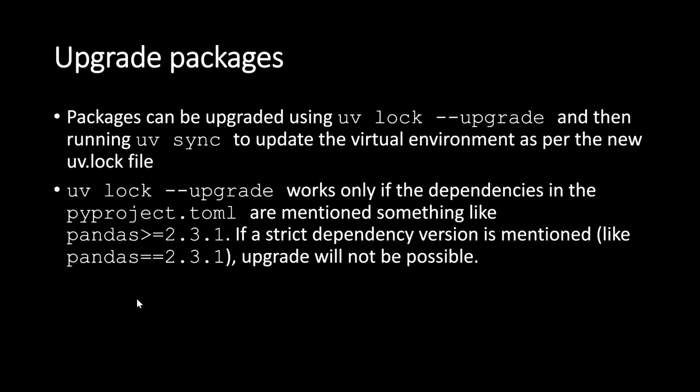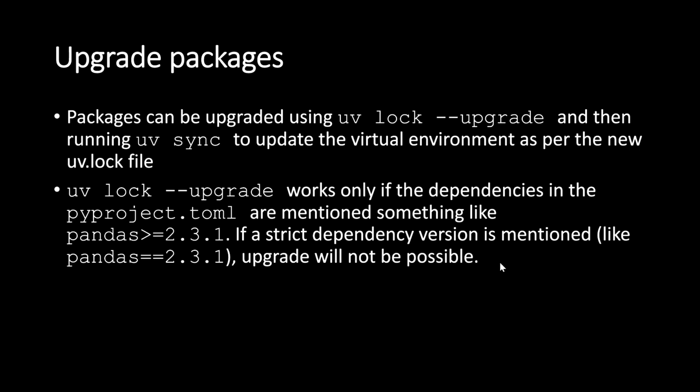Now uv also has this awesome feature where you can upgrade your Python packages. Just run the command uv lock --upgrade, and uv will upgrade your packages to the latest version possible. What I mean by latest version possible is, if you mention your dependency as something like pandas greater than or equal to 2.3.1, and you run this uv lock --upgrade command, uv will search for the latest pandas version and replace the existing one.